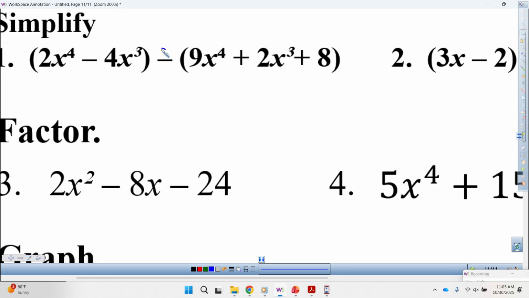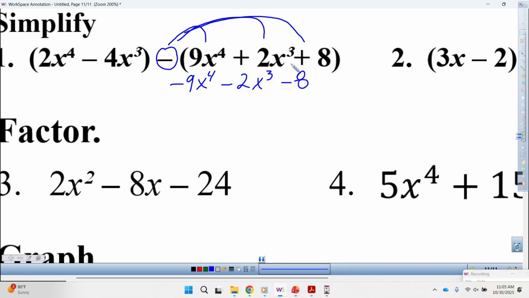He said you take the negative and distribute to the second polynomial. So you end up with negative 9x to the 4th, negative 2x to the 3rd, and negative 8. Once you distribute, you bring the first polynomial down without the parentheses.